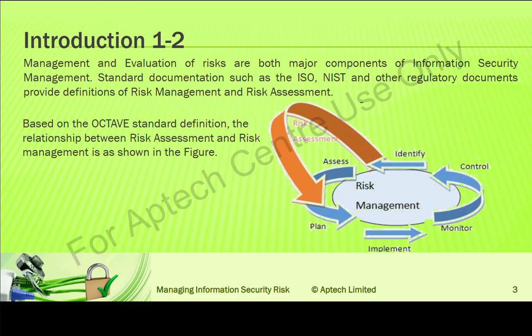The relationship between risk assessment and risk management is shown in this figure. This is the risk assessment and management life cycle, from identification to assessing the risk, then planning how to mitigate it, or what we are going to do related to this risk. After that, we talk about implementation, implementing the plan on how to mitigate, transfer, or avoid it. After implementation, we keep on monitoring.